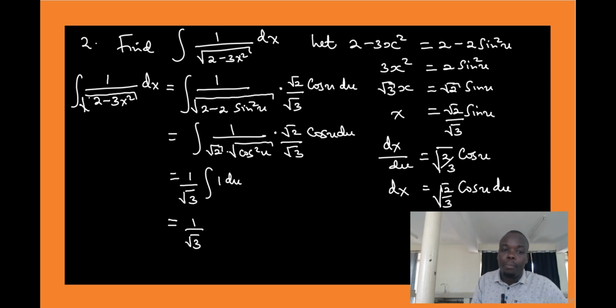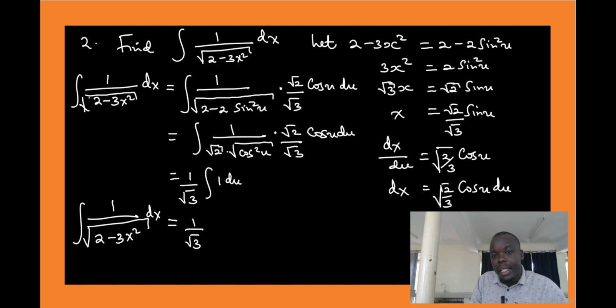But remember, on our left-hand side, we have the integral of 1 out of 2 minus 3x squared with respect to x. So this will be 1 over root 3 u, yes, but I want u in terms of x. From this very step here, if I was to make u the subject, I would first divide by root 2 on both sides.